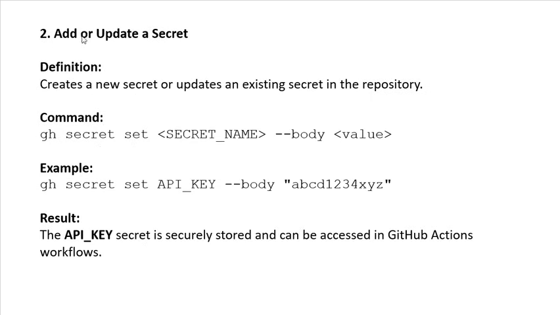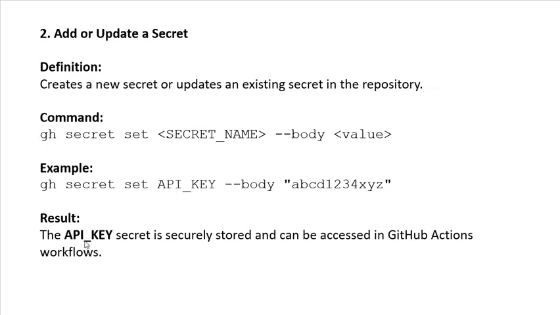Second is adding or updating a secret, which creates a new secret or updates an existing secret in the repository. Use the command gh secret set SECRET_NAME --body "value". For example, gh secret set API_KEY --body "abcd1234xyz".